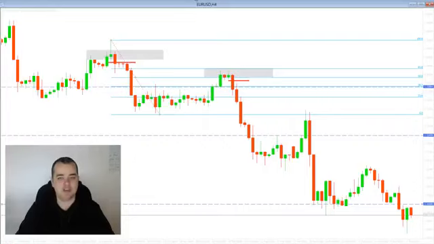That's basically where you sell. You put your stop loss just above where the fib went to, so basically here on this one.